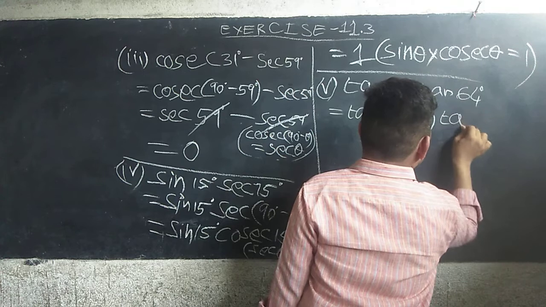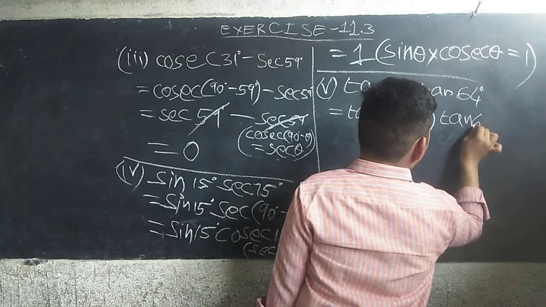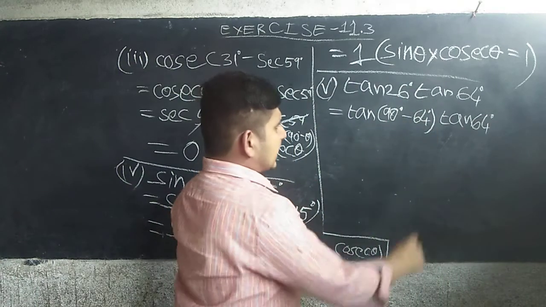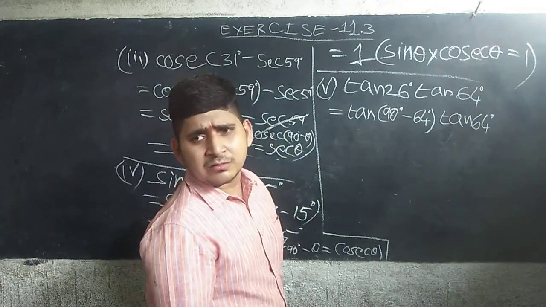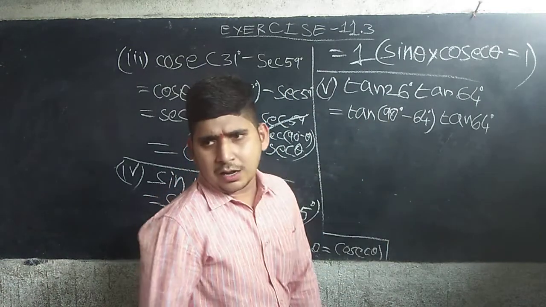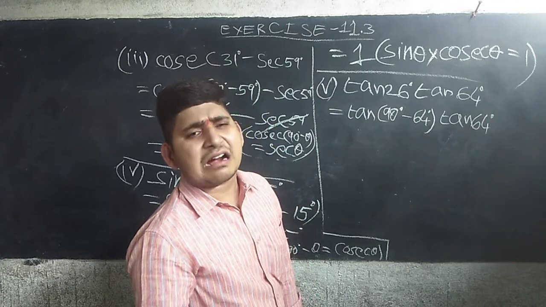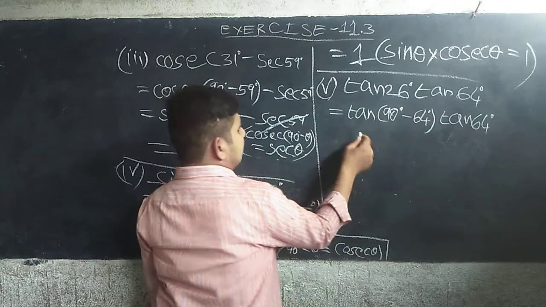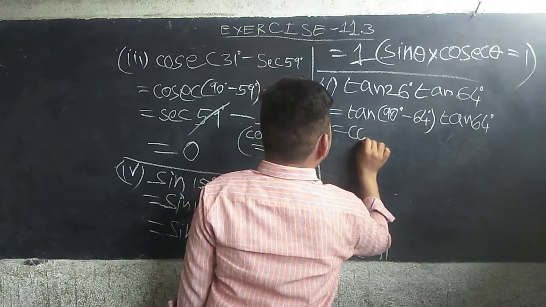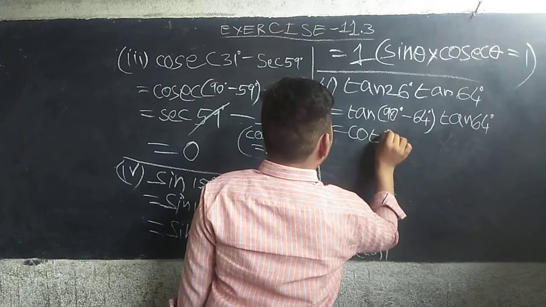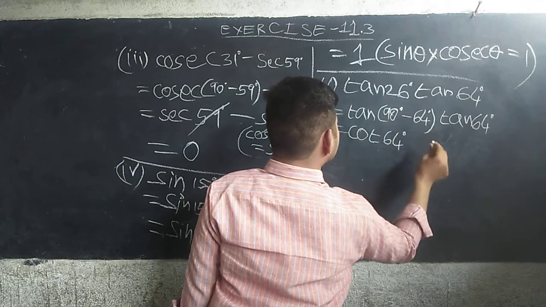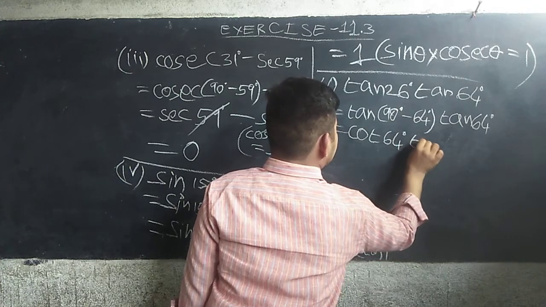Now tan 90 minus theta equals cot theta. So it becomes cot 64 degrees into tan 64 degrees.